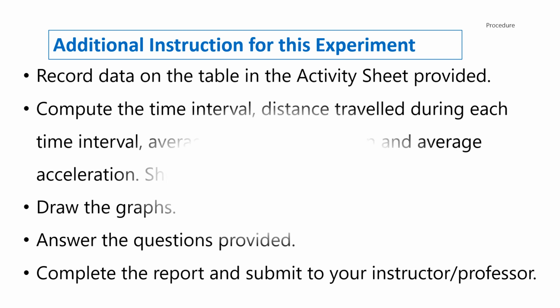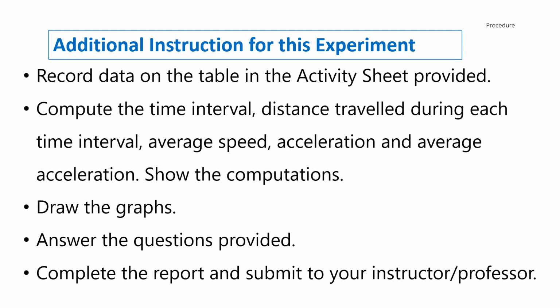For additional instructions in this experiment, record data on the table in the activity sheets provided. Compute the time interval, distance traveled during its time interval, average speed, acceleration, and average acceleration.